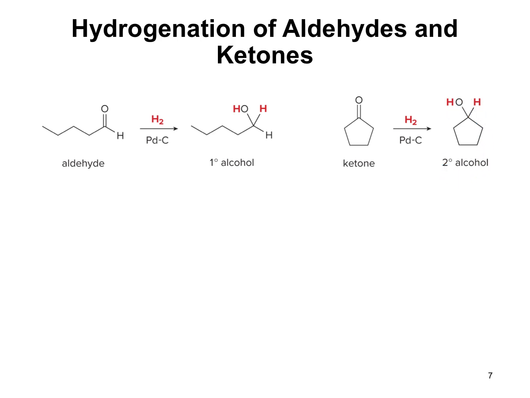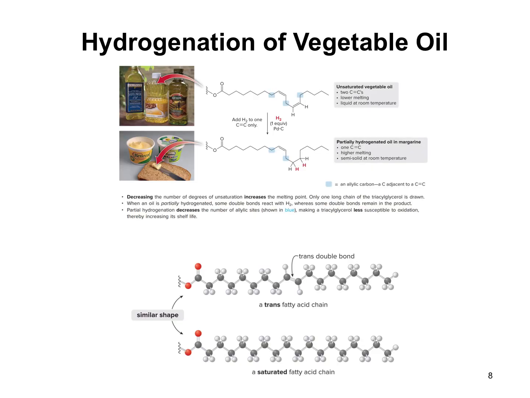Now, as I mentioned before, hydrogenation is used in industry. When unsaturated vegetable oil, shown here, so we have some double bonds, is treated with hydrogen, some or all of the pi bonds add H2.